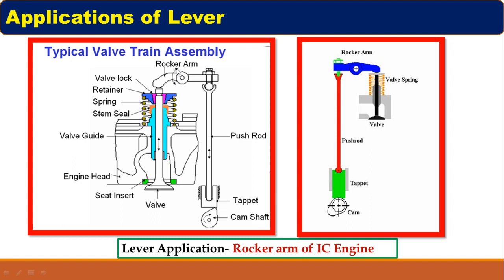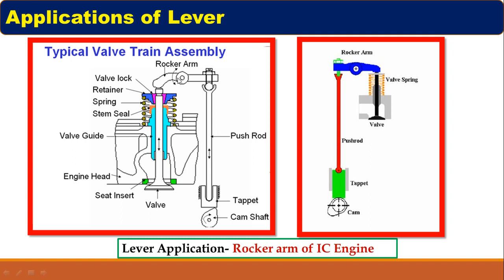So this is the application of type 1 lever, where the fulcrum is in between the effort and the load. Load is applied at this point, effort is applied at this point, and this is the point at which the lever is pivoted. This is the point about which the lever oscillates, and thus we can say that the fulcrum is in between the load and effort.